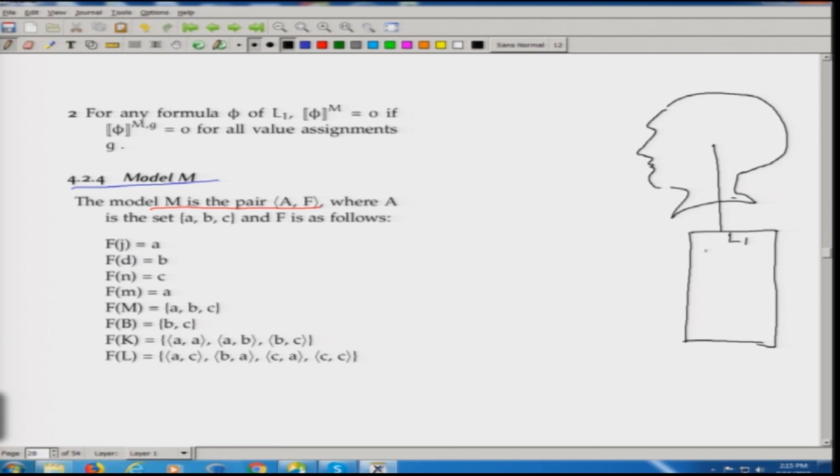The language has names D, N, J, M. Also, it has one-plus predicates M and B, and two-plus predicates L and K. It has variables like X, Y, Z, and many others, two quantifiers, and the brackets.